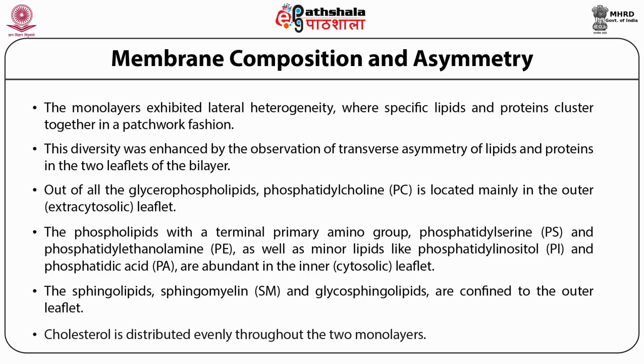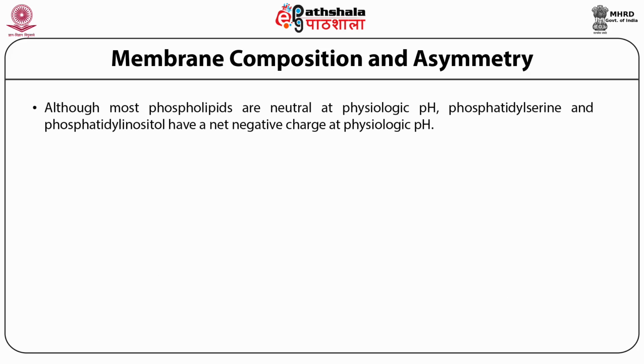Cholesterol, however, is distributed evenly throughout the membrane, so it does not contribute to the asymmetry of the membrane. Although most phospholipids are neutral at physiological pH, phosphatidylserine and phosphatidylinositol have a negative charge at physiological pH.